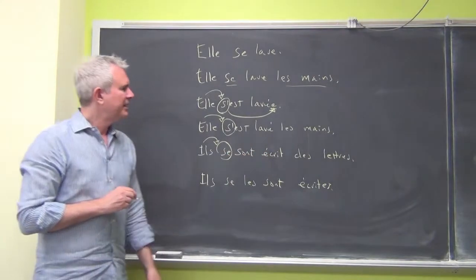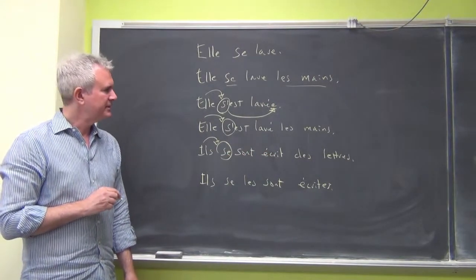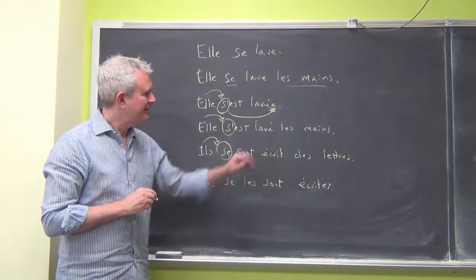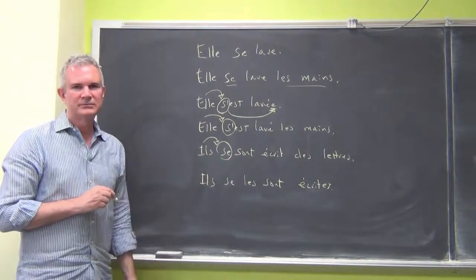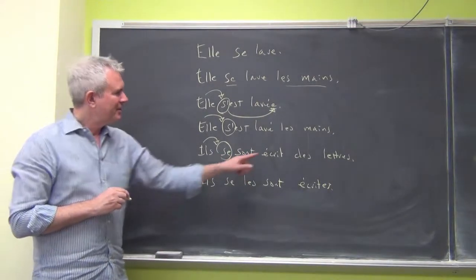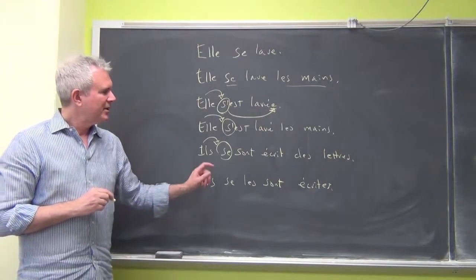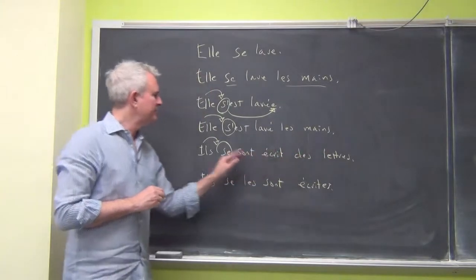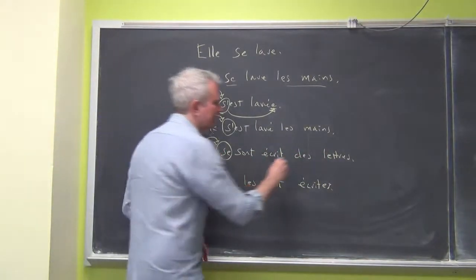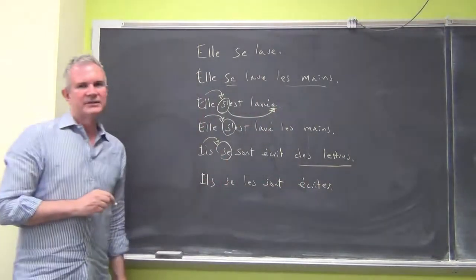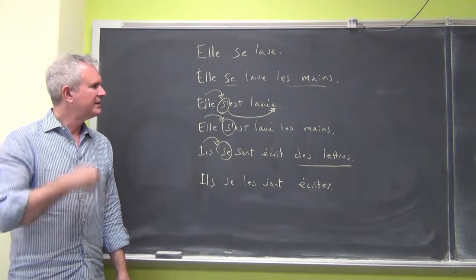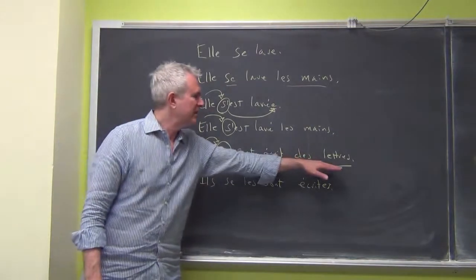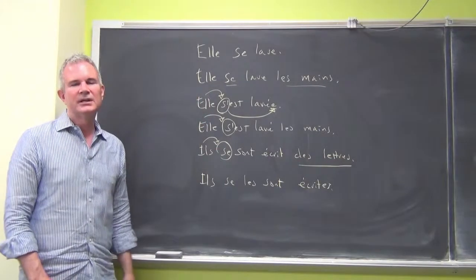We've got the past participle for écrire, to write. And we notice that it does not, in fact, agree with ils. There's no S on the end. Why? That's because the direct object is des lettres. They wrote letters to each other. So this is, in fact, an indirect object. You write something to someone. The something you write is the direct object. The to someone is the indirect object.